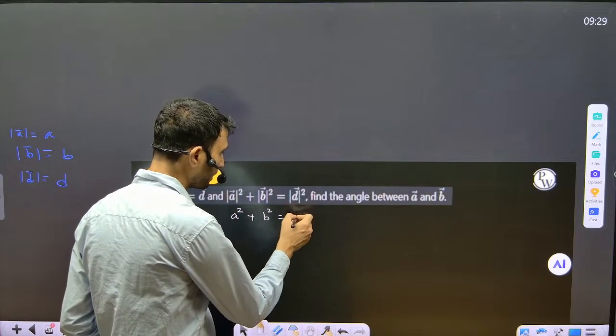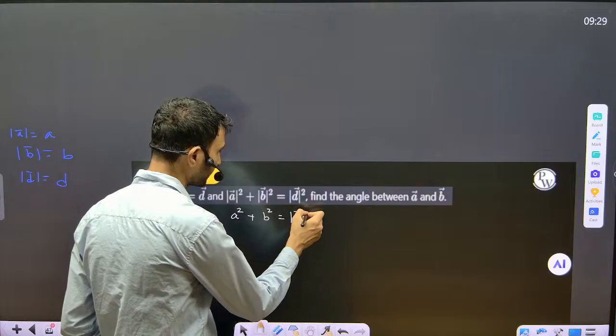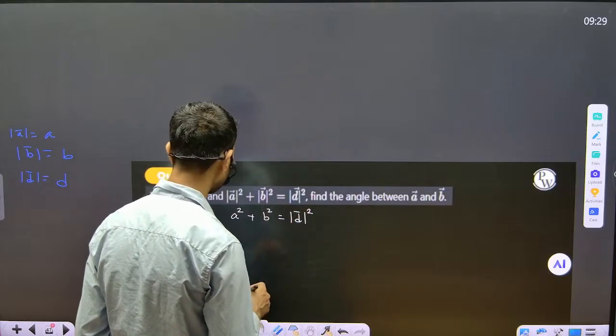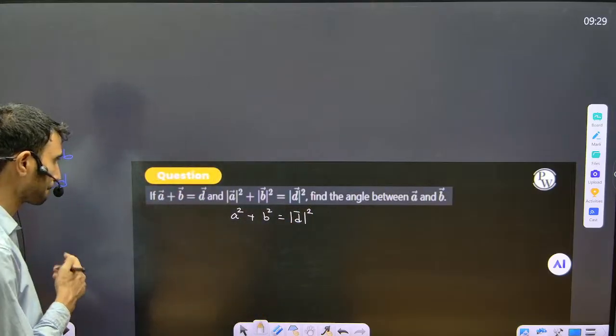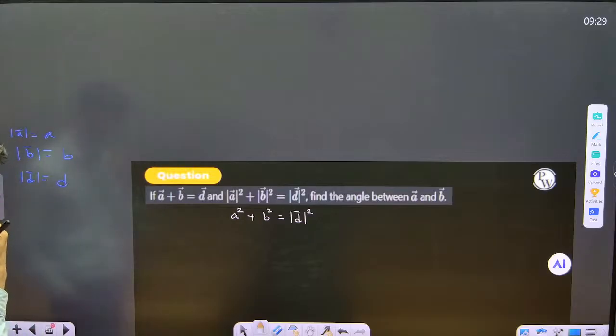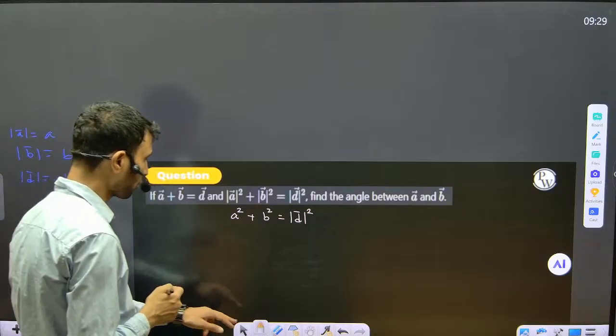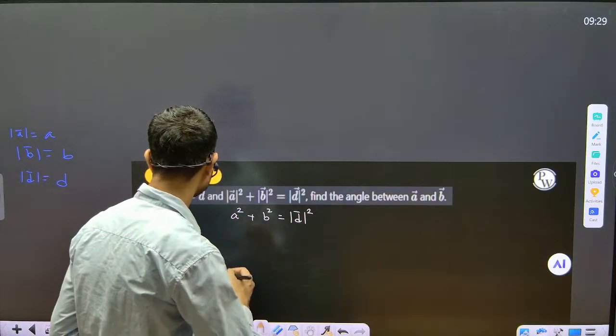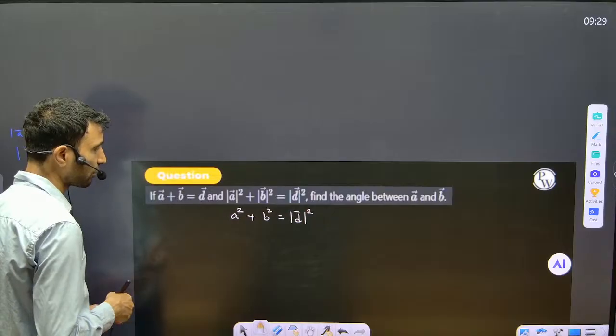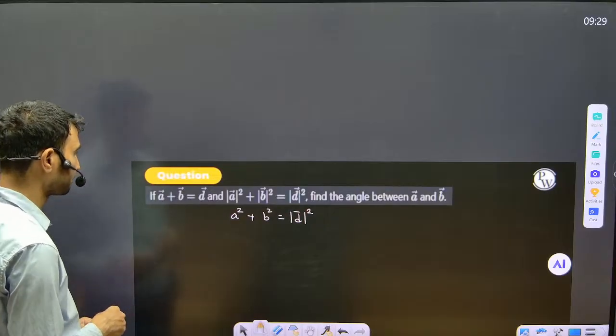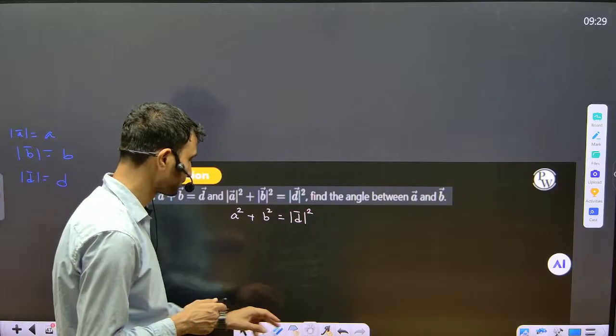And let D vector be like that only. Mod of D vector whole square. So how do you find the value of mod of D vector? Now D vector is equal to A vector plus B vector. How do you find out the value of mod of D vector? What do you do for that?